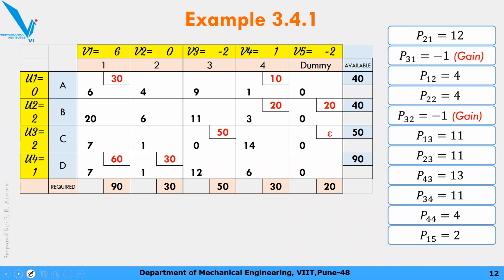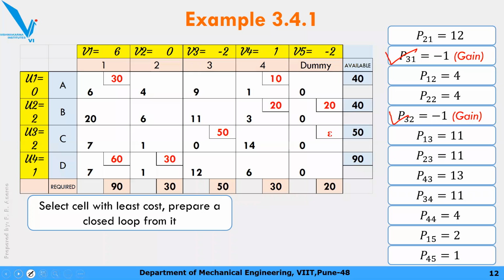You will find that only for P31 and P32 you get the gain. Here we should do the allocation. So select the cell with the least cost and prepare a closed loop for optimization.